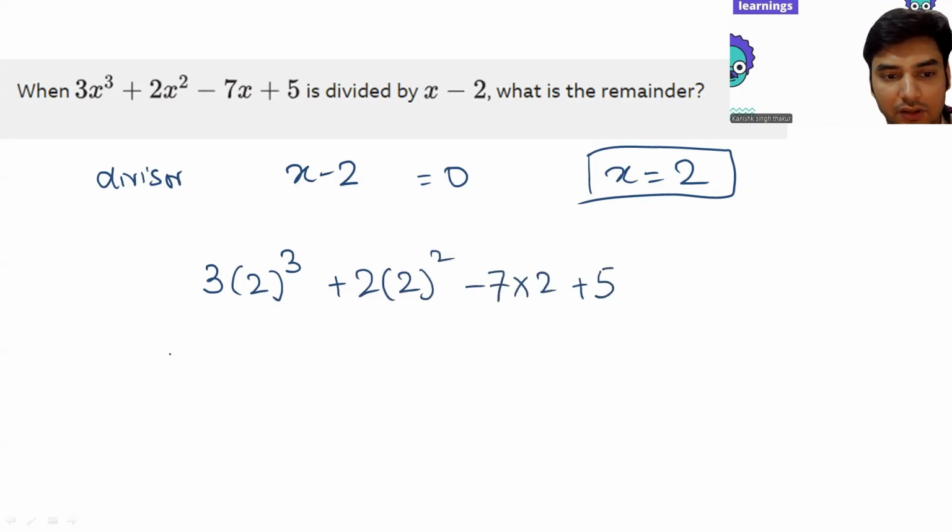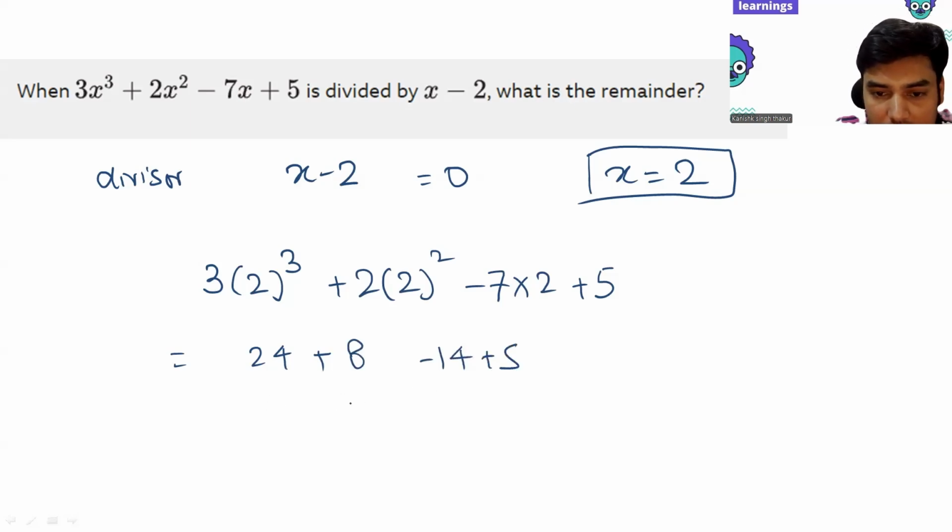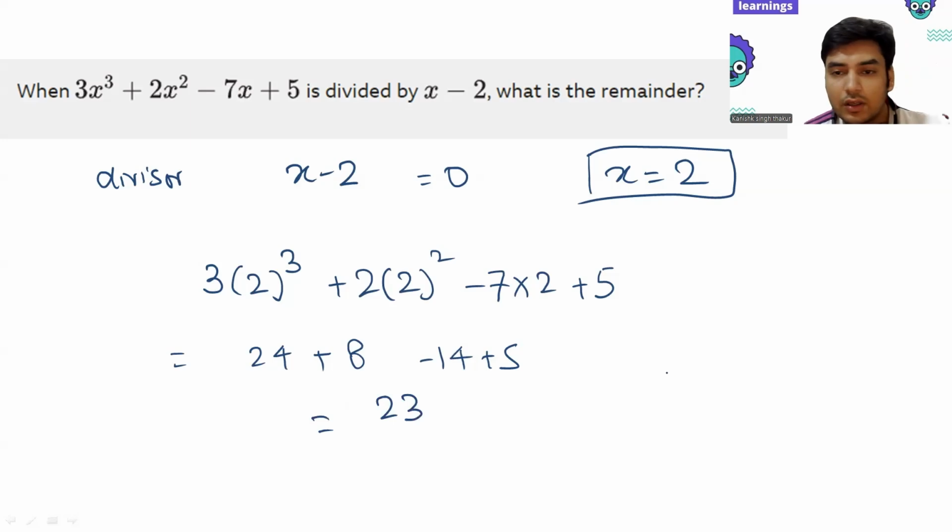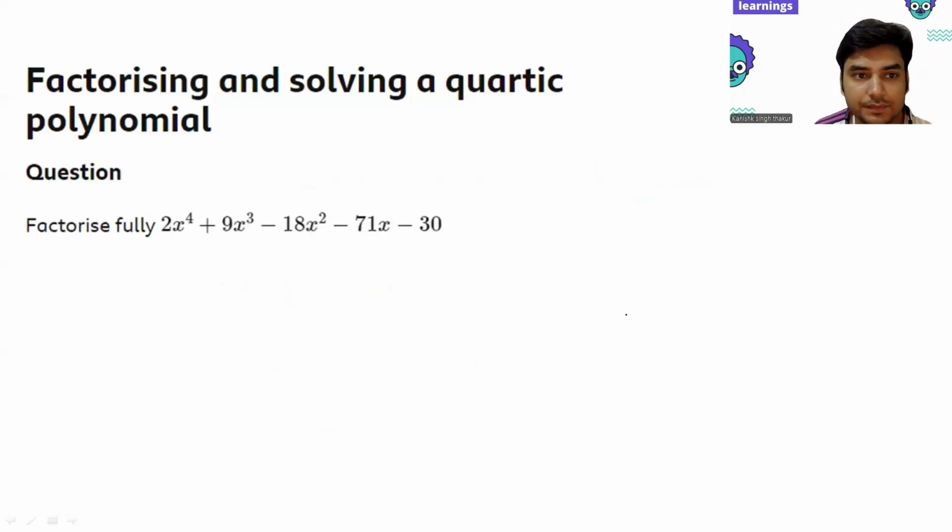What I get, 8 times 3, 24, plus 4 times 2, 8, minus 14 plus 5. So that's 32 minus 14. So you get 18, 18 plus 5, 23. That will be your remainder. Got it? Directly you can get the remainder.